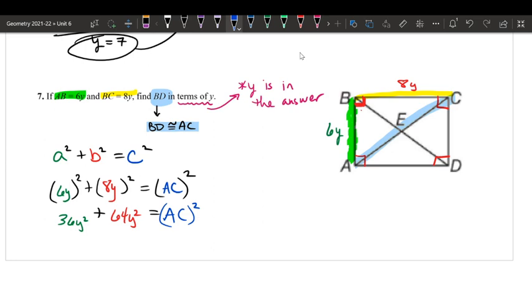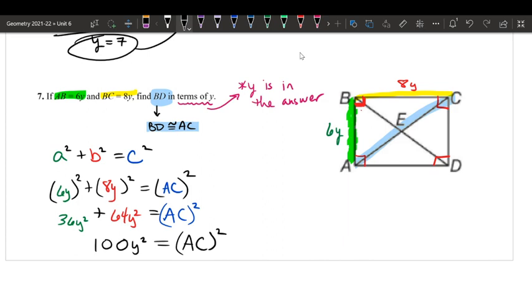Both the green and the red are like terms because they're both y squared. So 36y squared plus 64y squared, that's 100y squared, and that equals AC squared.